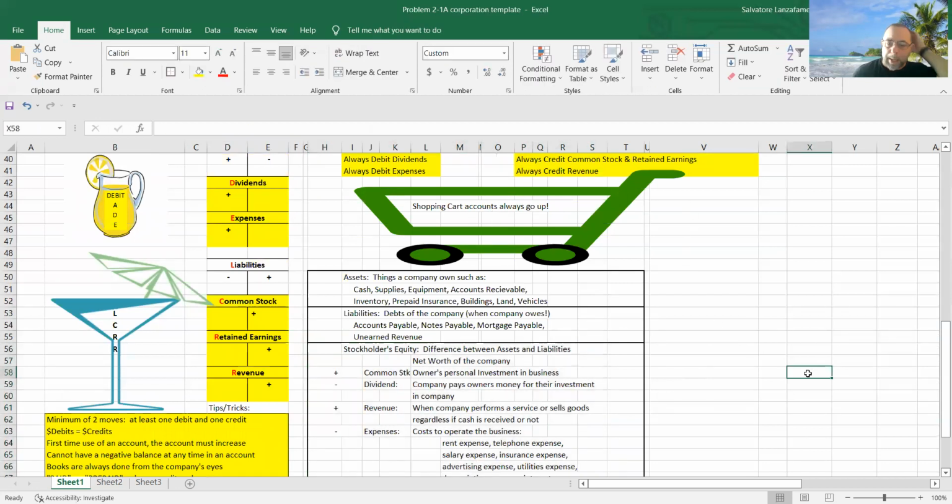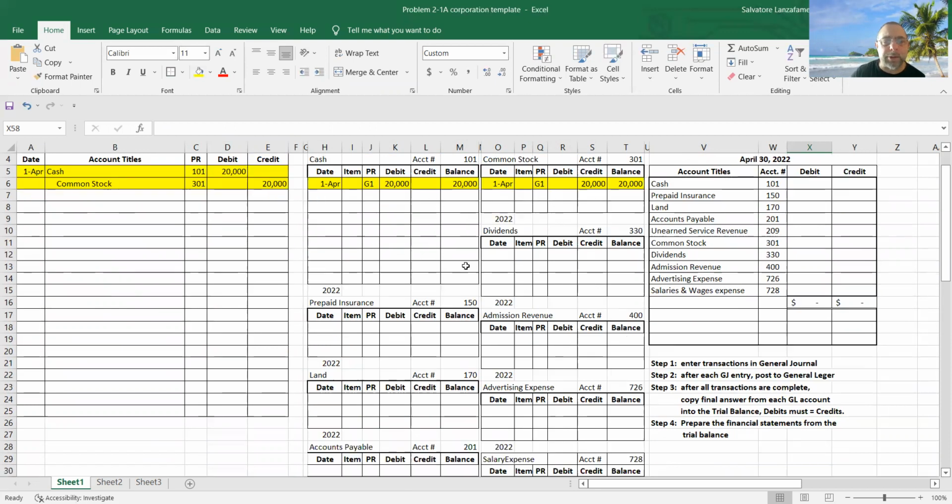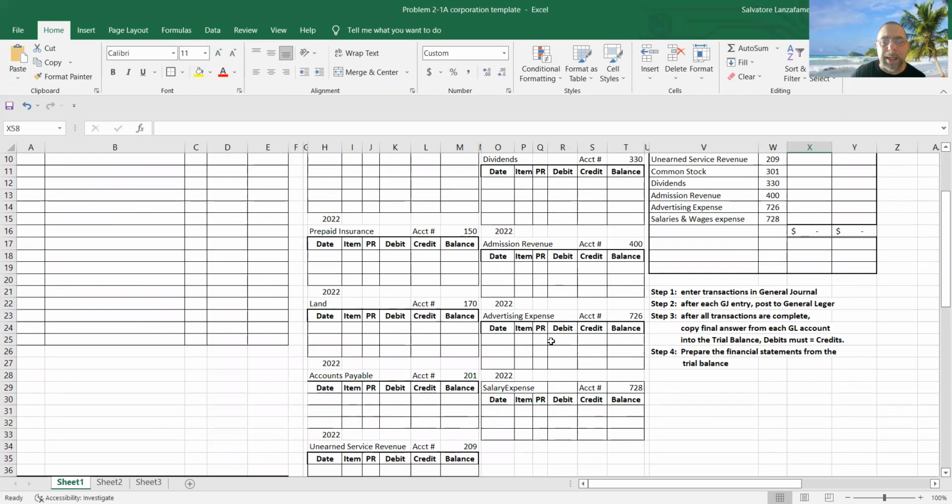All right, so back to what we were doing. Let's do another transaction. Let's say now the company purchases 12 months worth of insurance. When you purchase insurance, there's a possibility in your chart of accounts or general ledger that you may have not only a prepaid insurance account, but also an insurance expense account.